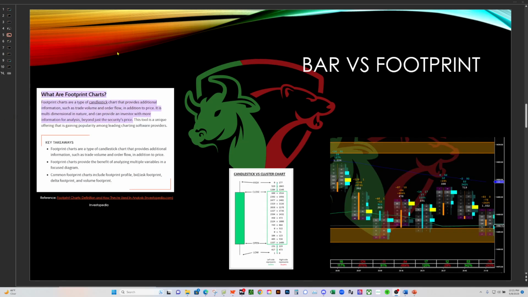So another tool I use is the footprint. Bar charts have their place, but there's something about footprint that gives me a little bit more insight on the action in between. So obviously the candlestick or your normal bar charts, they give you the open, close, high, low. So you have all that information in there, but when you scale down inside of it, what's actually taking place?